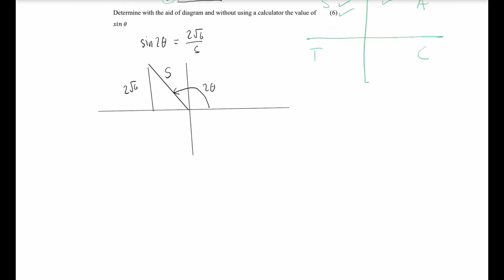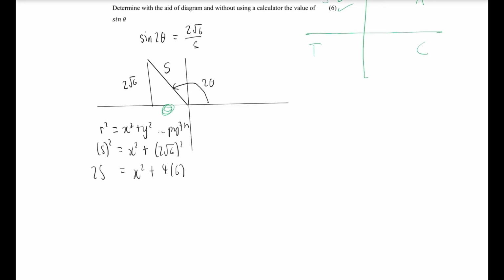Now if we use Pythagoras, we can find our x, right? So we're going to say r squared equals x squared plus y squared. Our r is 5, our x is what we're looking for, and our y is 2 root 6, all squared. So you're going to get 25 equals x squared plus 4 times 6, which is 24.